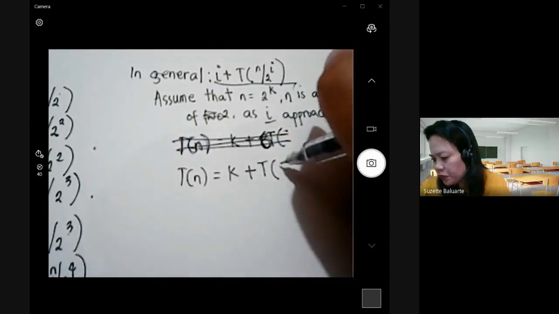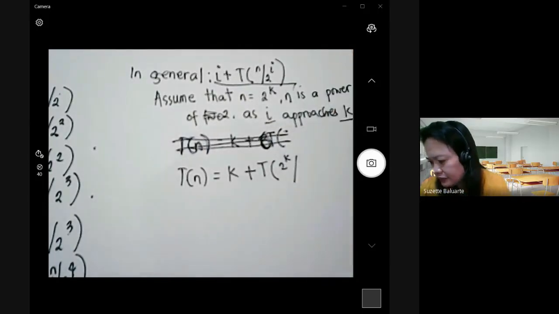Okay. So it would be 2 to the power k. N is a power of 2 man, so 2 to the power k.